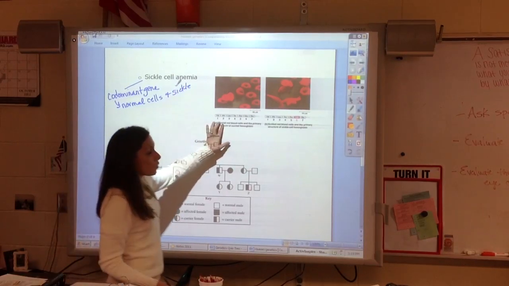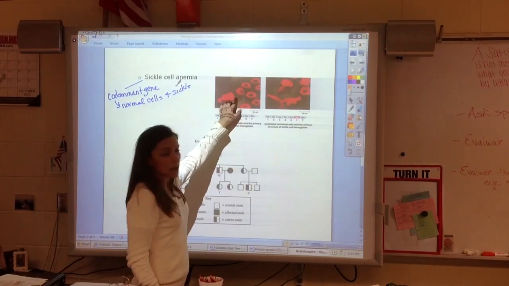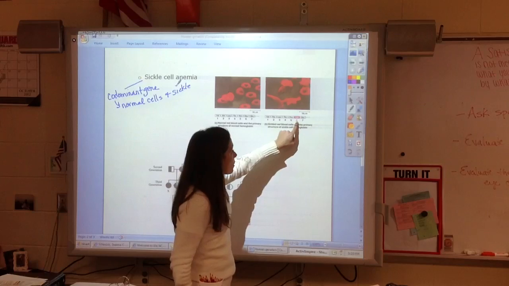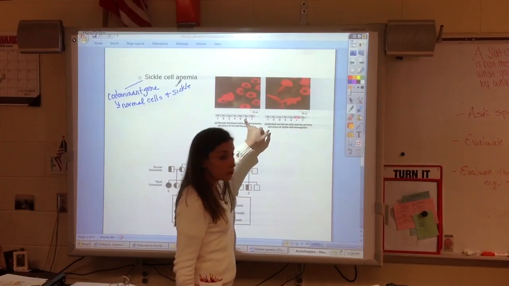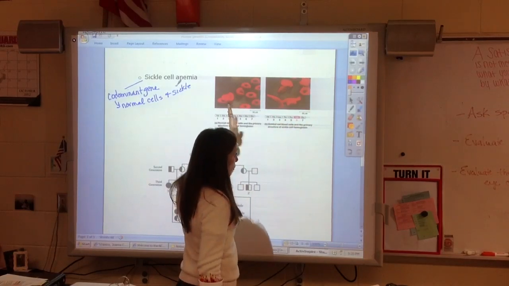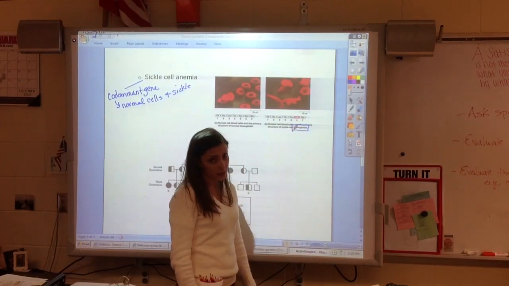So this is a normal person's blood, and their blood cells are shaped kind of like these donuts. A sickled cell, we're talking about one amino acid wrong. What should be glutamine is here valine, and that changes the whole shape of the protein hemoglobin, and that changes the shape of the cell.